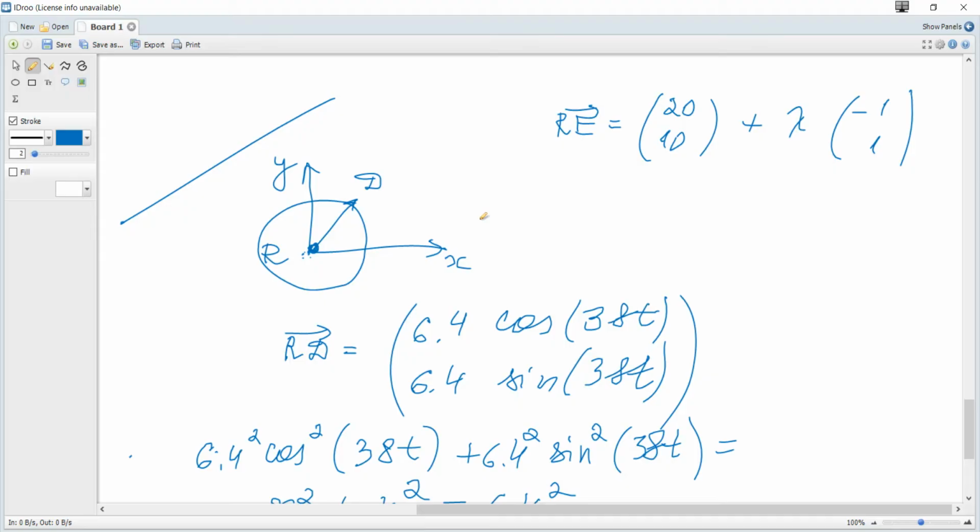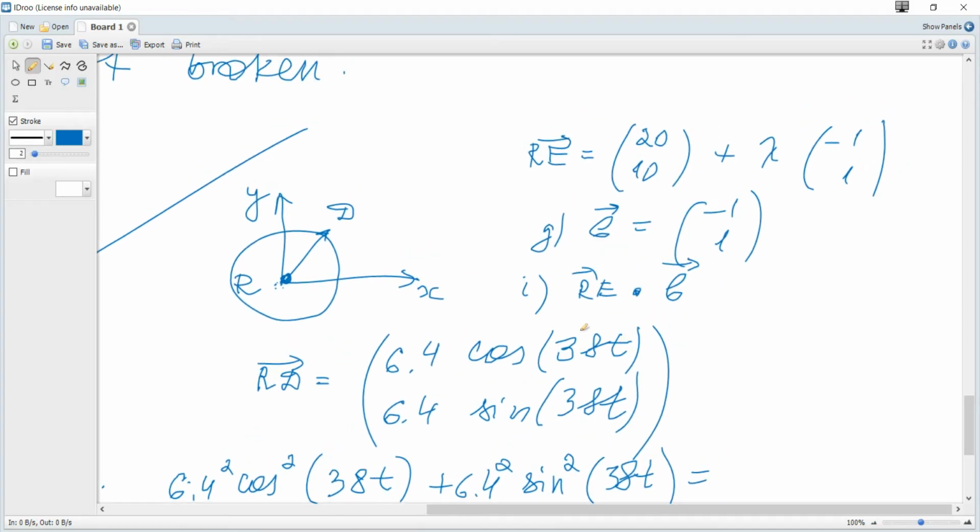Let vector B be -1, 1. I find RE dot product B. What is B?